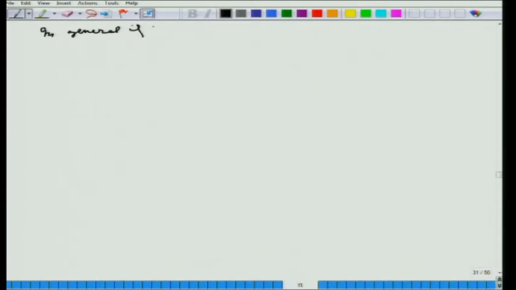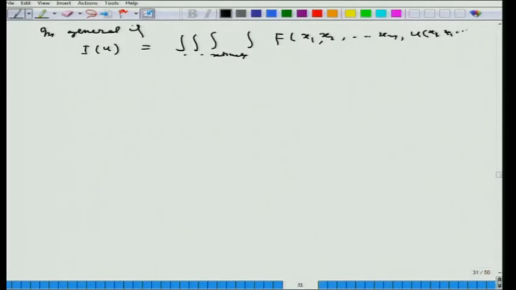if I of u is an n-fold integral, and you have f of x1, x2, ..., xn and u as a function of x1, x2, ..., xn, and then u_{x1}, u_{x2} and so on, u_{xn}, dx1, dx2, and so on, dxn.